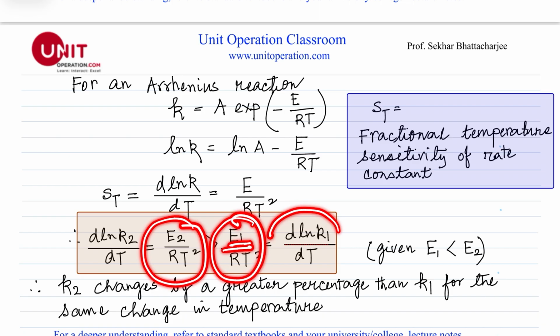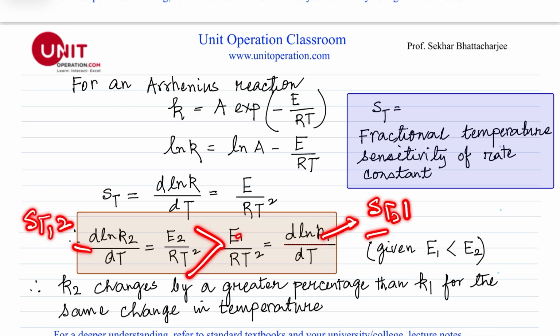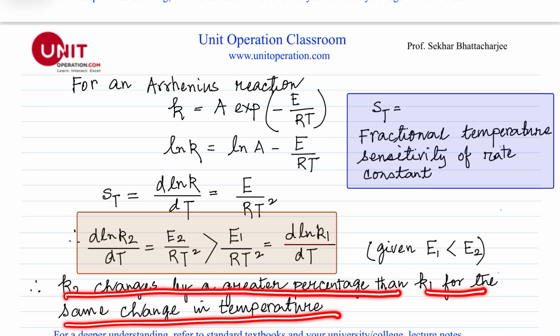And since E1 is less than E2, or E2 is greater than E1, the temperature sensitivity of reaction 2 would be greater than the temperature sensitivity of reaction 1. We'll discuss that more later on. So K2 changes by a greater percentage than K1 for the same change in temperature. So that's the conclusion for E1 less than E2.